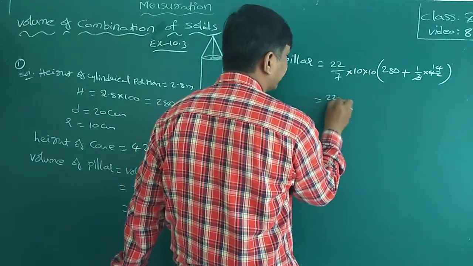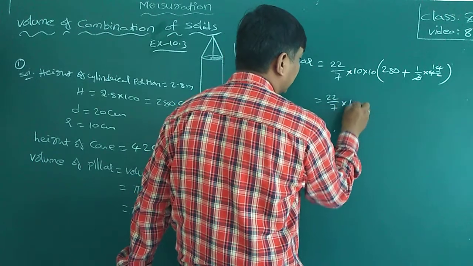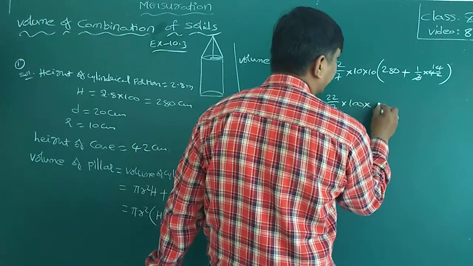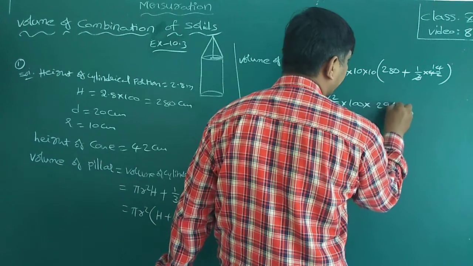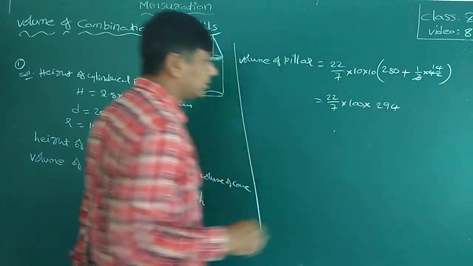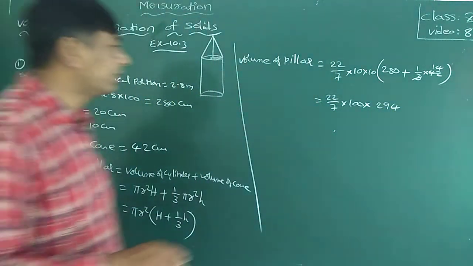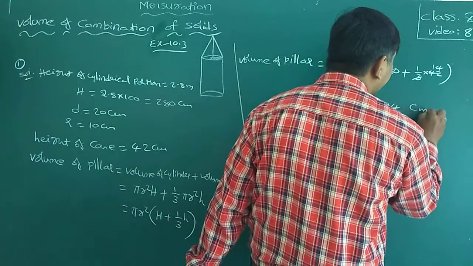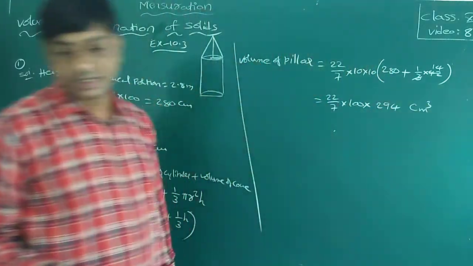That is 22 by 7 into 100 into 280 plus 14, which is 294 cubic centimeters.